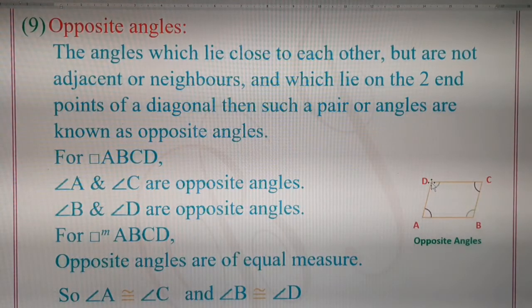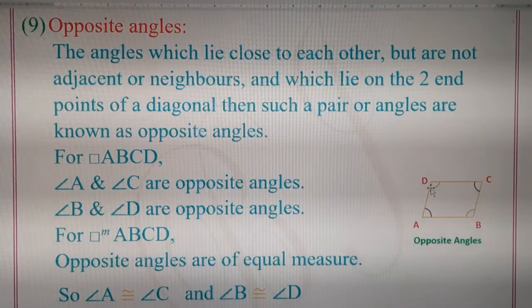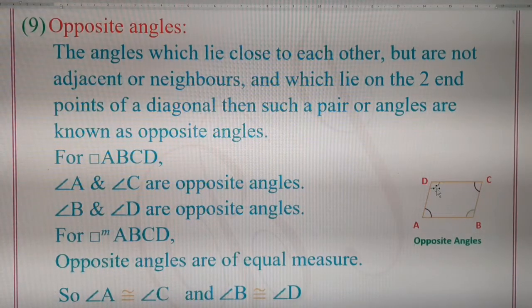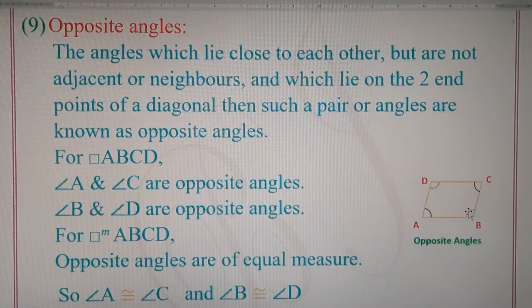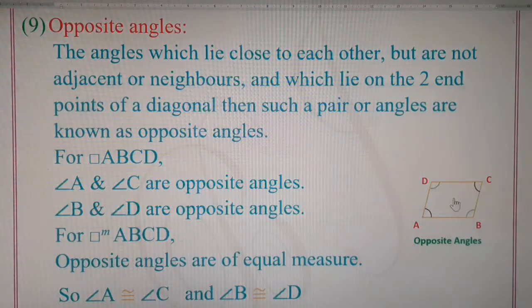Similarly, for diagonal BD, the angle B and angle D lie on the two endpoints of the diagonal line segment BD. So we can say angle B and angle D are opposite angles. And children, here I have again denoted the angles with a color code system. So angle B and angle D are opposite angles. So I have shown them with the green color, while angle A and angle C are opposite angles. So I have shown them with the violet color.